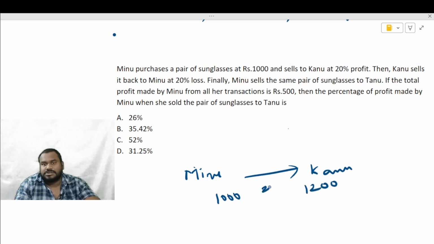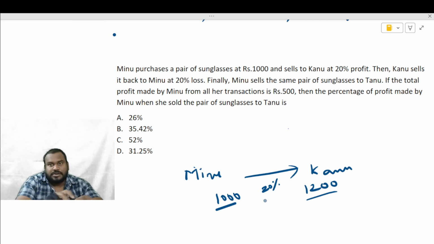Why 1200? Because she made 20% profit. 20% out of 1000 means 10% is 100, 20% is 200. So she has to sell it for 1200 rupees with 20% profit.